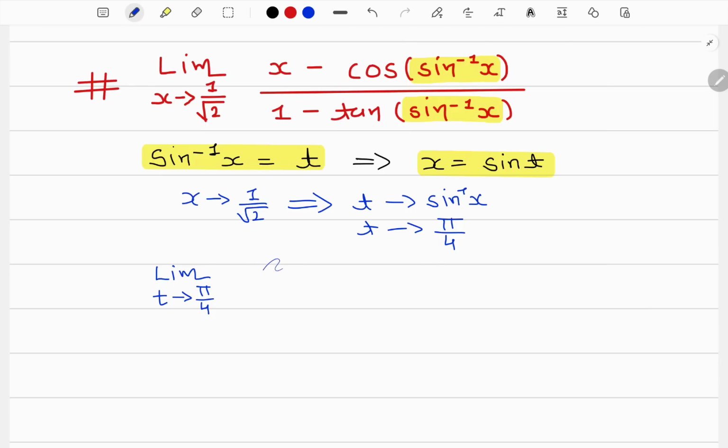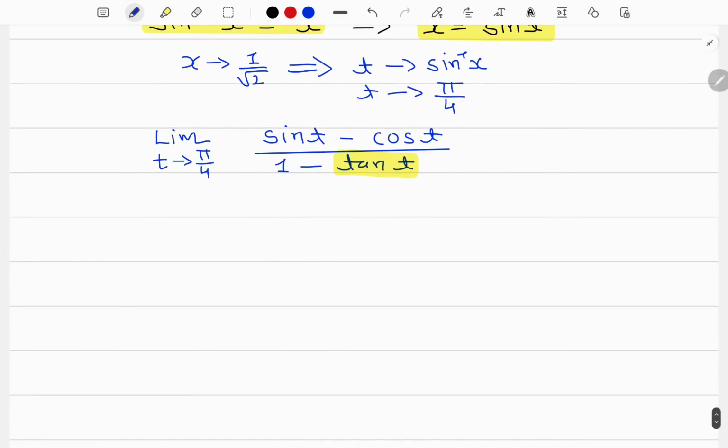So x is sin t, and sin inverse x is t, so we get sin t minus cos t upon 1 minus tan t. Is that clear? Now we can convert this tan t into sin upon cos. So tan t is nothing but sin upon cos.